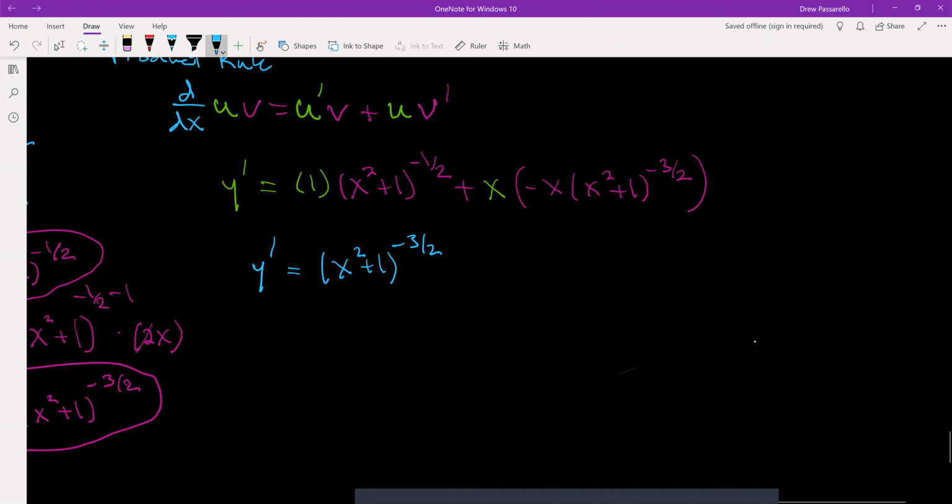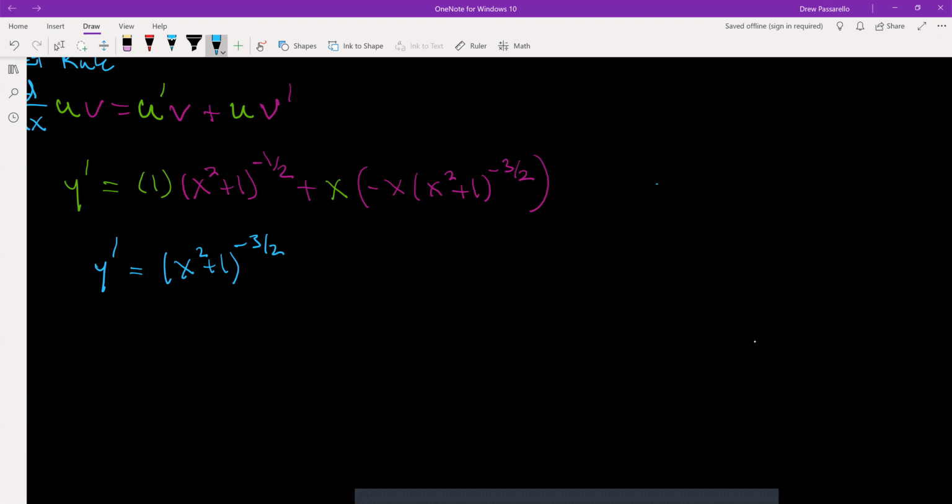So we know for exponents, if you have the same base, different exponents, you multiply them together, you get a to the m plus n.